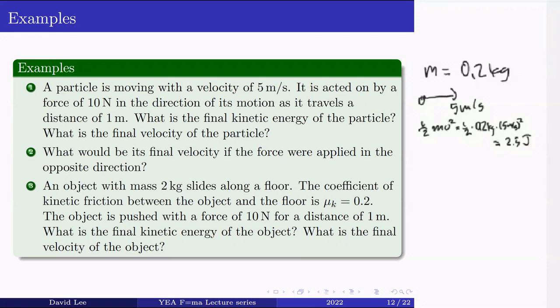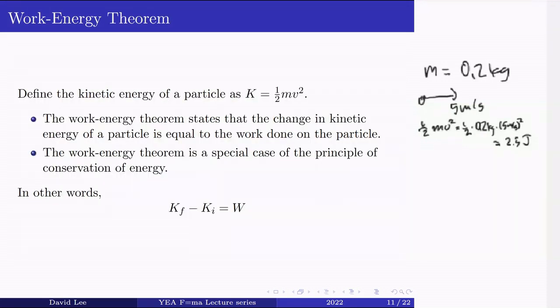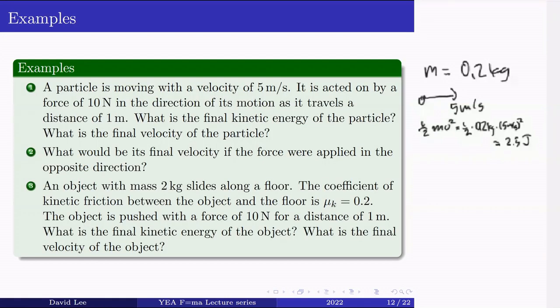So how will we use the work energy theorem to find our final kinetic energy? Remember, we can just say the work is the change in kinetic energy. So first of all, what's the work that's done? Well, the work is going to be the force times the distance.